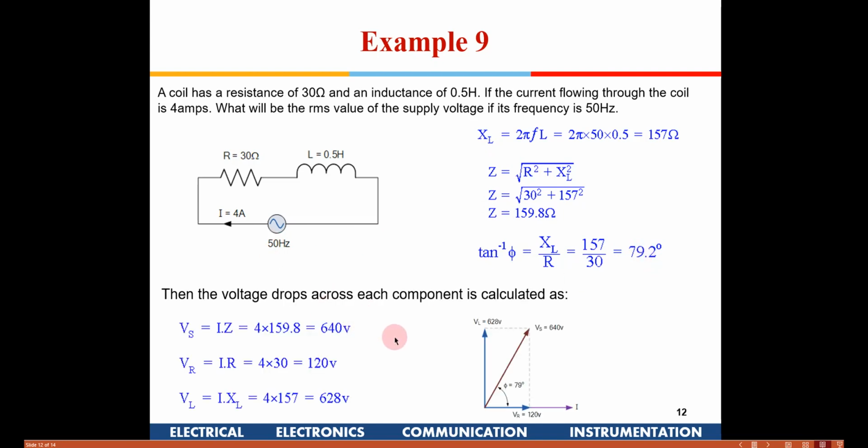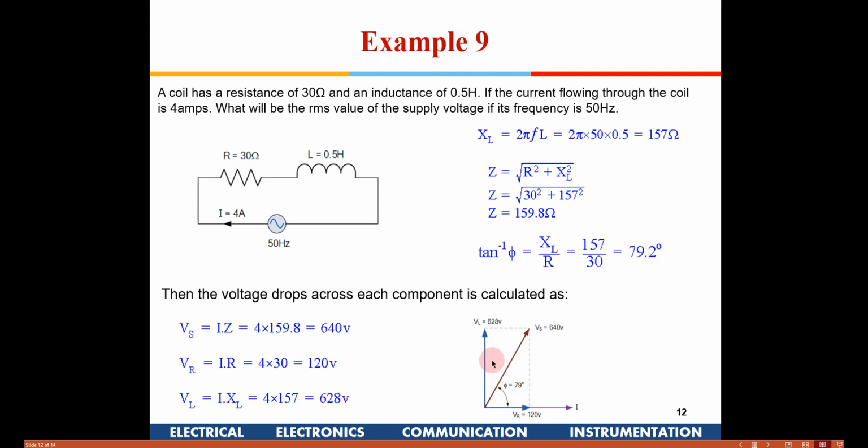The total voltage across each of them is shown here. I into the total impedance will give the total voltage, I into R will give the voltage across the resistance, and I into XL will give the voltage across the inductor.